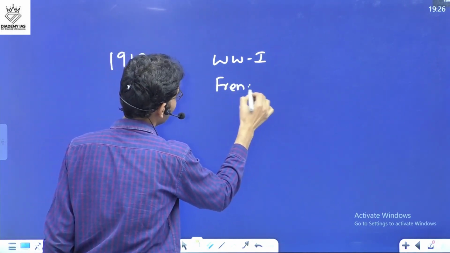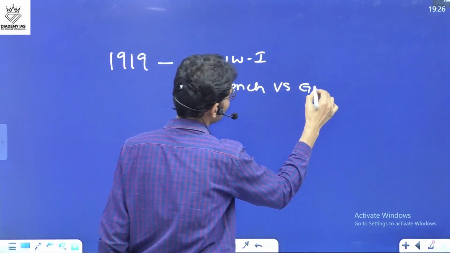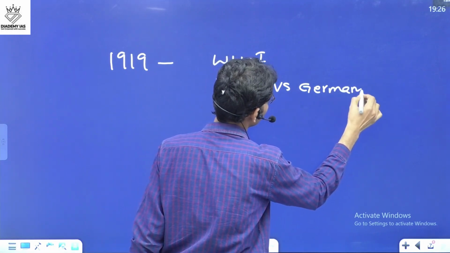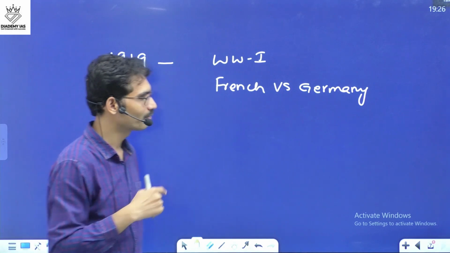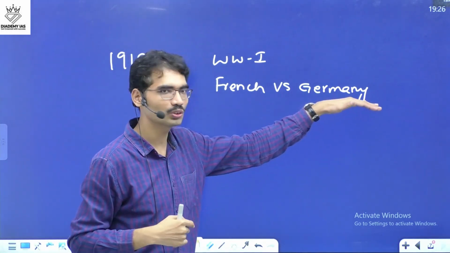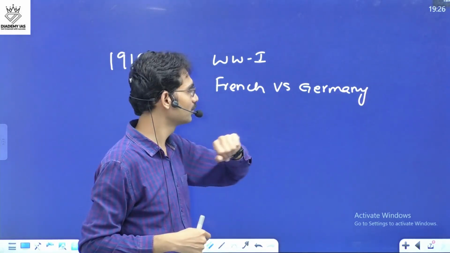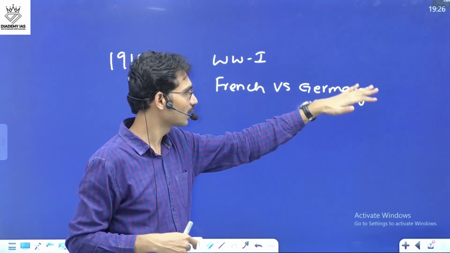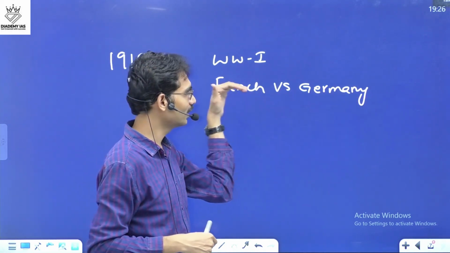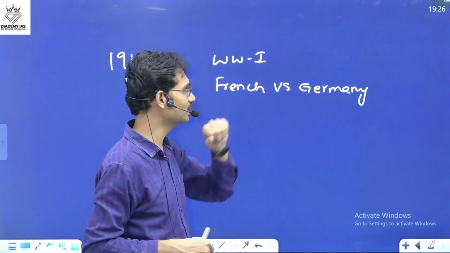The main enemies this time were France versus Germany, because Germany defeated France in 1870. From that time onwards, Germany took the leadership of Europe, and France always aimed to defeat Germany. They were trying to take vengeance.